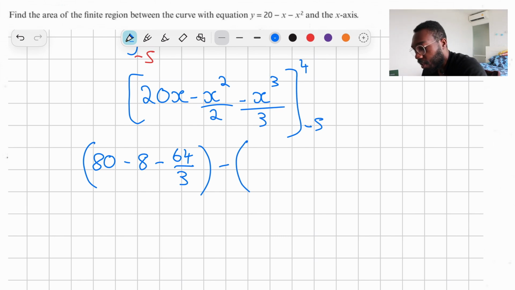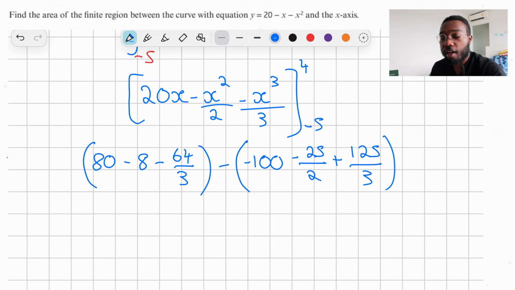So this one will be 20 times minus 5, which is minus 100. A minus 5 squared over 2, so that'll give us a minus 5 squared as positive 25, minus 25 over 2. And then we get a positive 125 over 3. Just make sure you take care of your signs there.